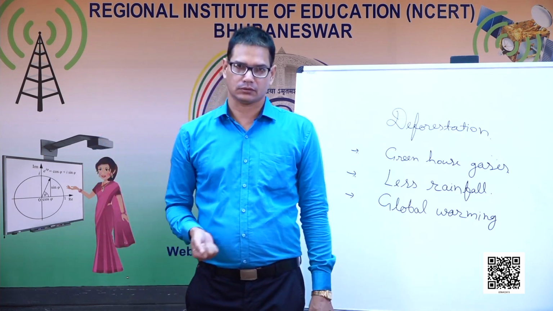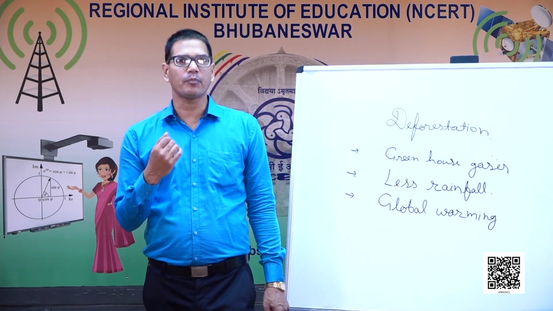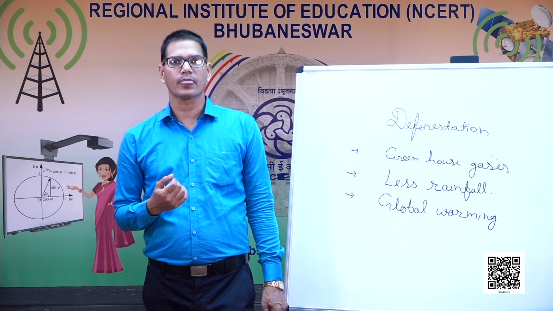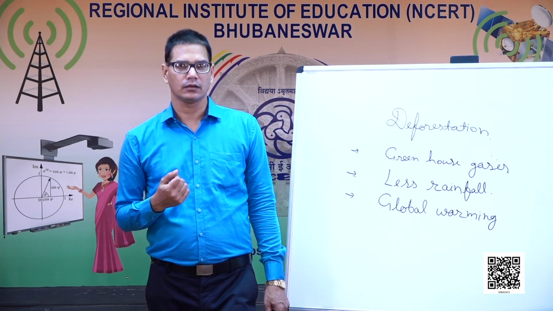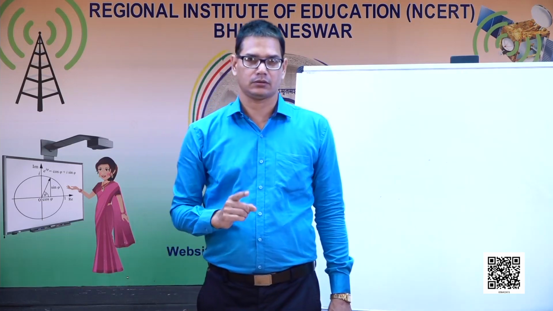Then what is the solution? The solution is sustainable practices in agriculture and animal husbandry. What are these sustainable practices? Sustainable means we have to improve, but not at the cost of the environment.